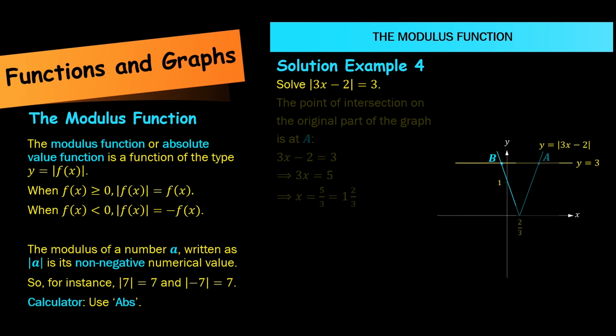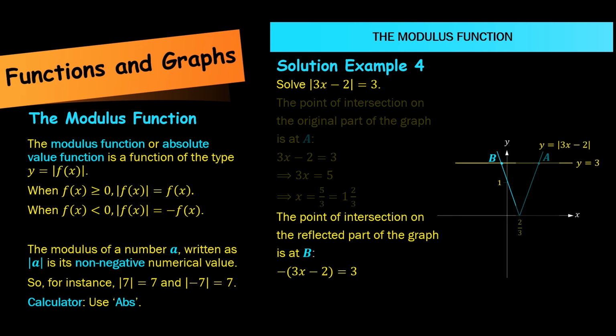And now for point B. The point of intersection on the reflected part of the graph is at B. So we have minus 3x minus 2, as shown, equals 3. And solving for x, we have 3x equals minus 1 to begin with.